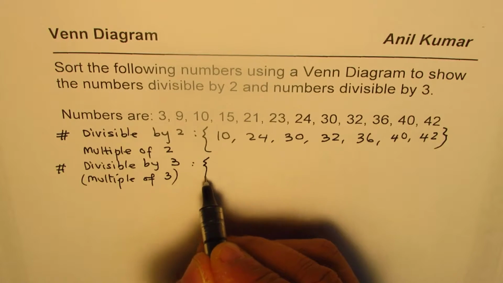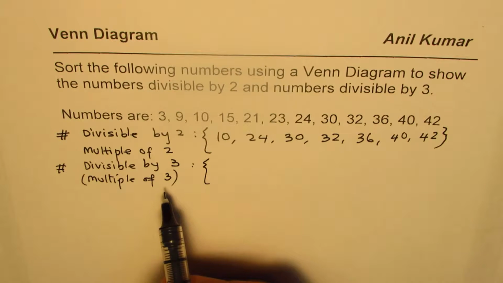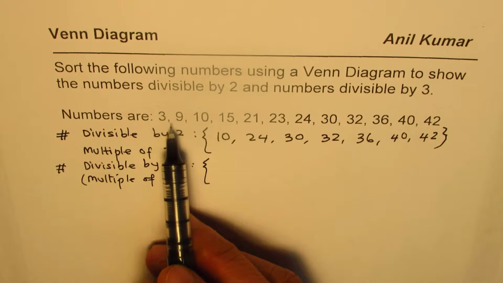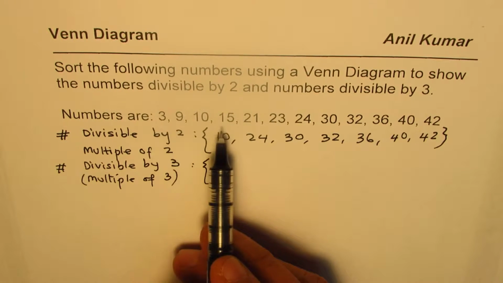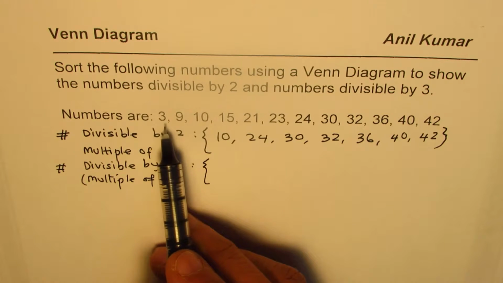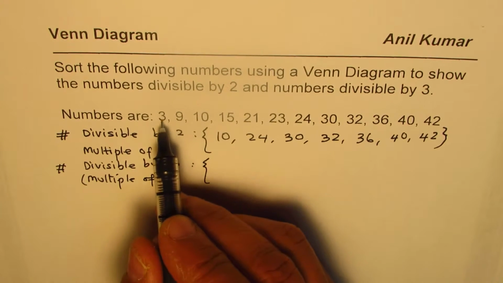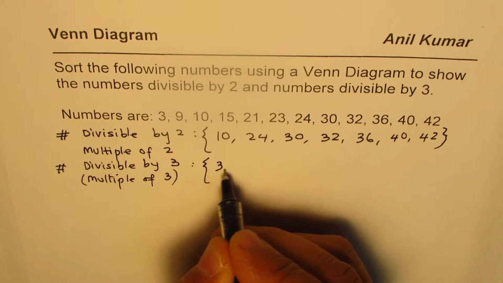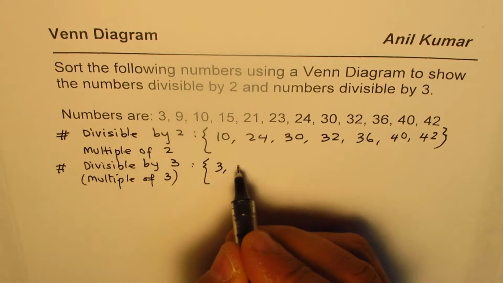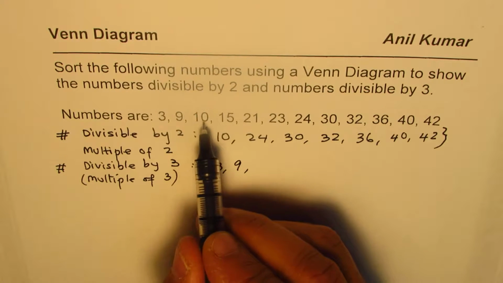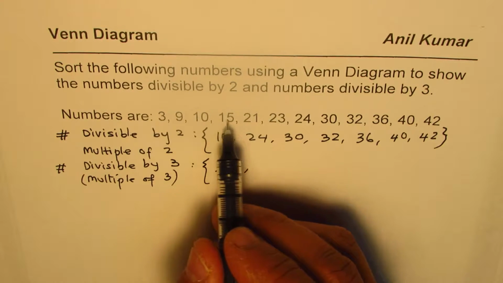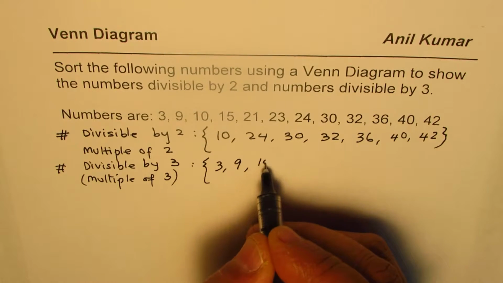Now how do you know whether a number is multiple of 3 or not? Well, such numbers 3 and 9 are easy to find because that's like the tables, right? Anyway, let's try to figure it out. 3 and 9, I know 3 times 1 is 3, 3 times 3 is 9, so times table. 10, well it is not, but 3 times 5 is 15.